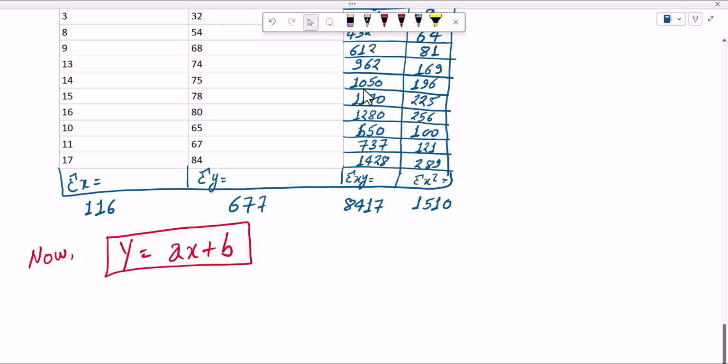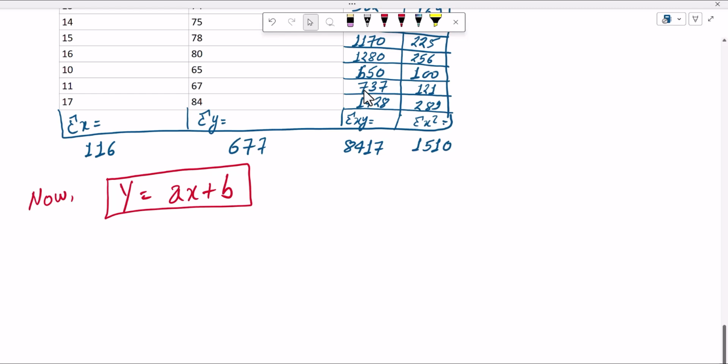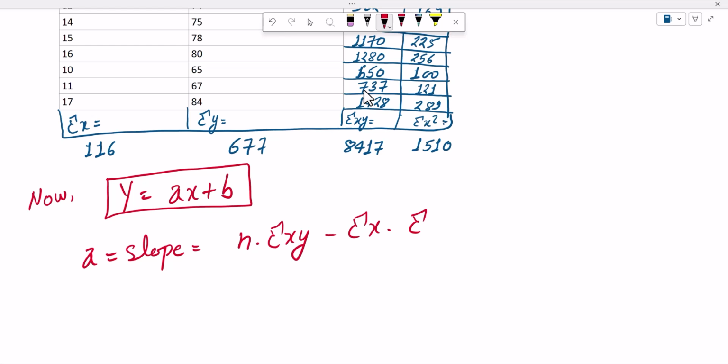First of all you need to find the a value. We have the slope formula: a equals n into summation of xy minus summation of x into summation of y, divided by n into summation of x square minus summation of x whole square.